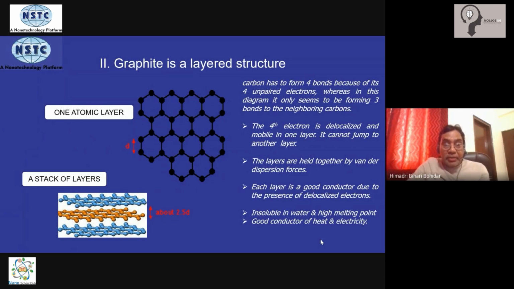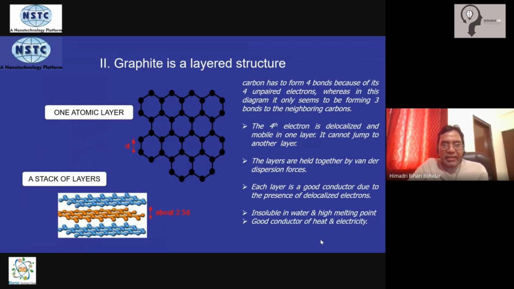Now you would wonder, because carbon has 4 unpaired electrons, and each of these bonding that we see here is only 3. What happened to the 4th electron? The 4th electron actually does the miracle for this material. Because it has no binding possibility with any neighboring atom, it behaves like a free electron, and in the language of graphene science, it's called a delocalized electron.